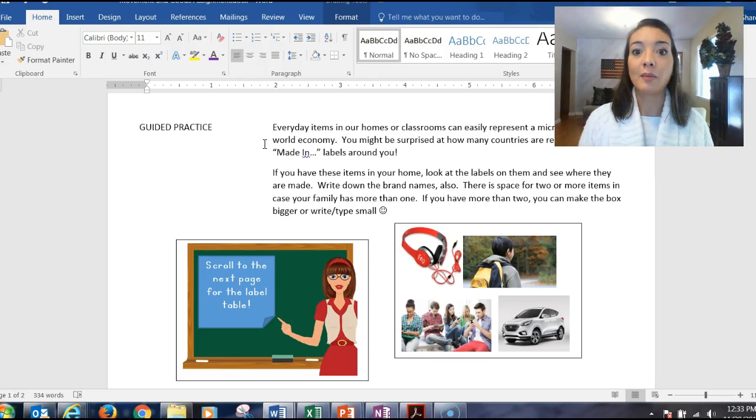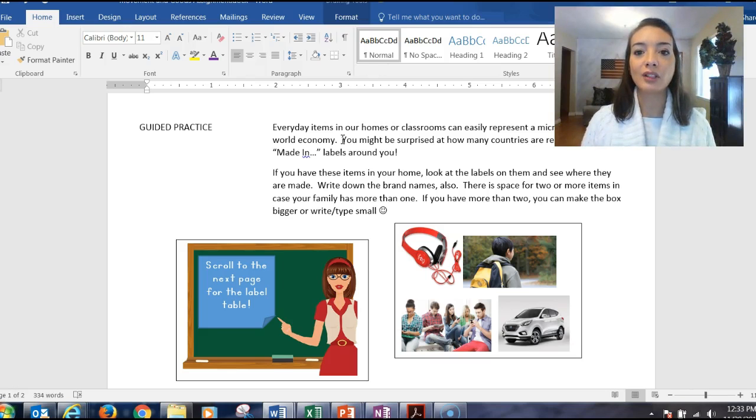So, all the things that we might have, all the different products, our clothes, our furniture, our cars, our cell phones, all the different things that we might have is a good example. It's a microcosm of the global world. Okay. Back to this, it says you might be surprised at how many countries are represented on the made in labels around us.